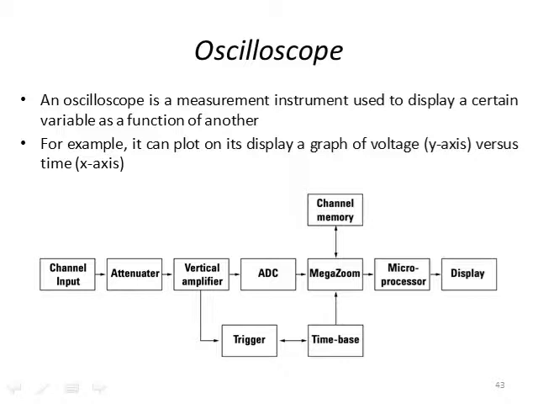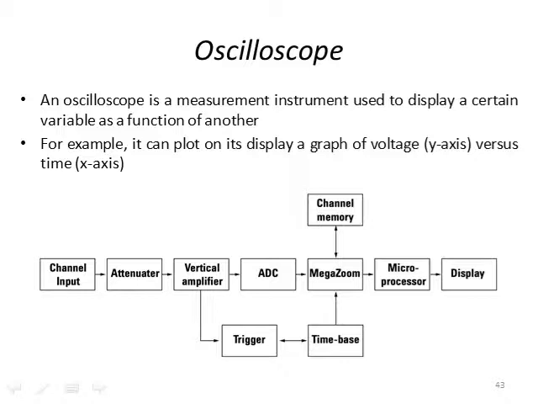Okay, now an oscilloscope, very briefly, obviously we don't have time to talk about everything about an oscilloscope. Digital oscilloscopes have become amazingly easy to use. And you can see in this diagram, if you're interested to know, some of the basic components of the system.